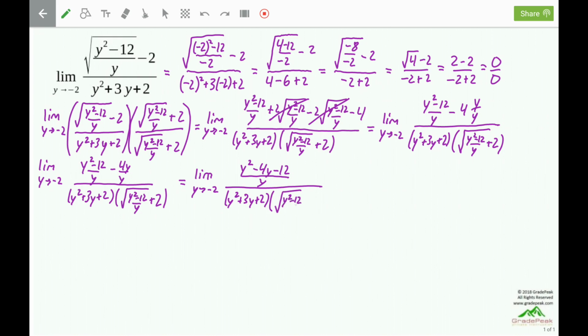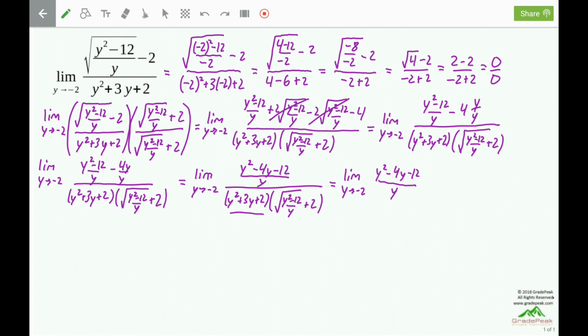The next step in the common denominator fraction method is to take the denominator, reciprocate it, and multiply it times the numerator fraction. So we have the limit as y goes to negative 2 of y squared minus 4y minus 12 over y, multiplying by the reciprocal of the denominator.